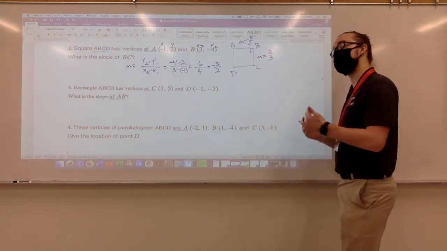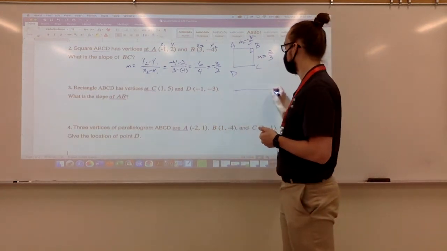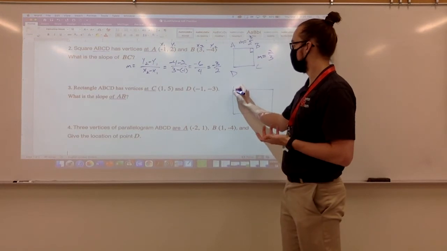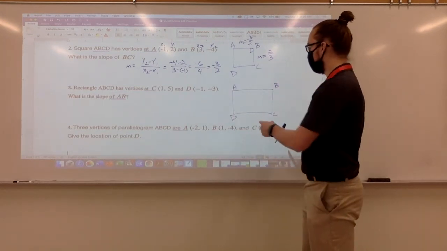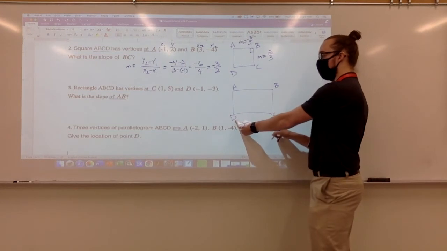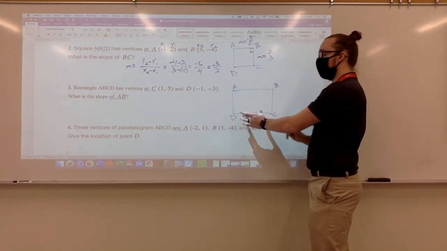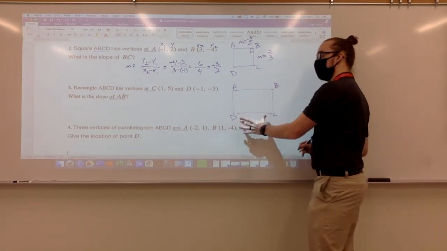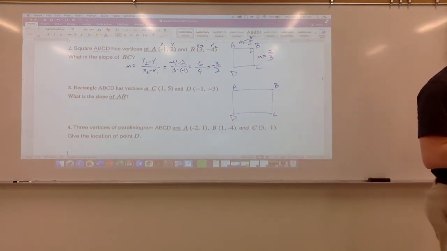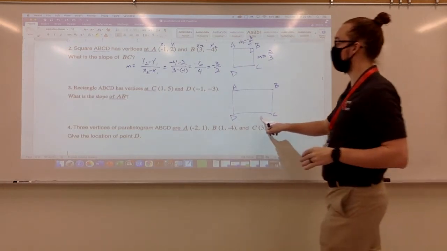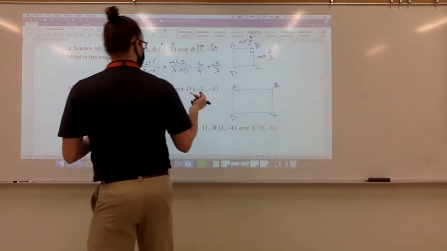Number 3 is a similar problem. We know this is a rectangle, and it's also called ABCD. But this time, I'm given points C and D, and I want to find the slope of AB. Those are opposite sides this time, so they will have the same slope. So if I find the slope of CD, that's just my answer.